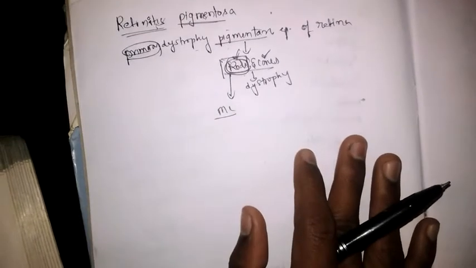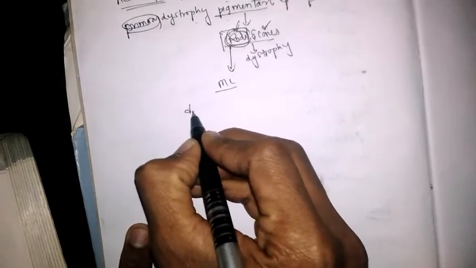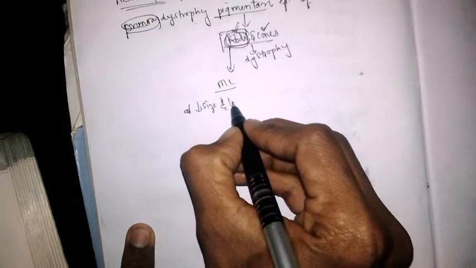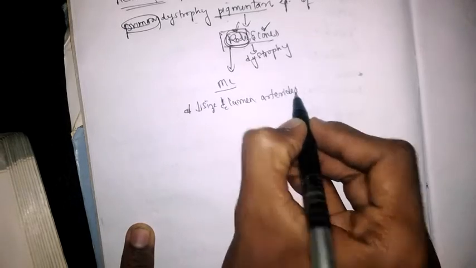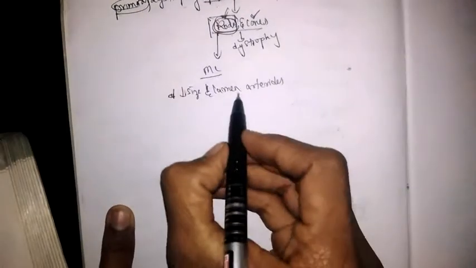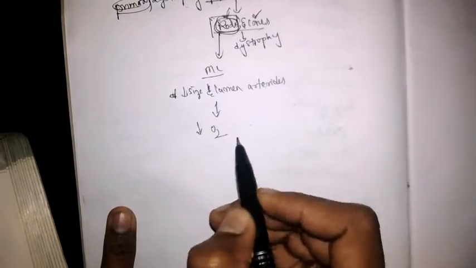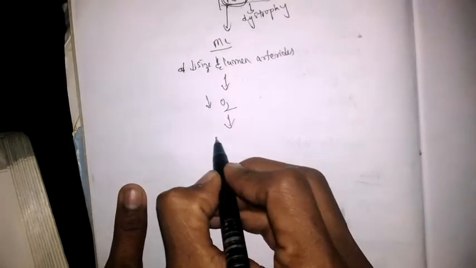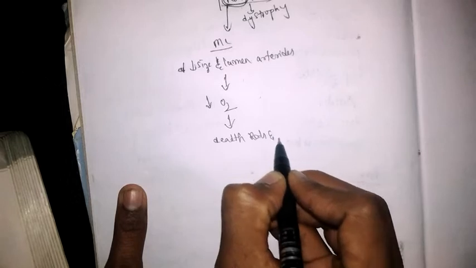Basically, what happens here is there is a decrease in size and lumen of the arterioles of the retina, right? Due to this there is reduced oxygen supply. This results in death of rods and cones.